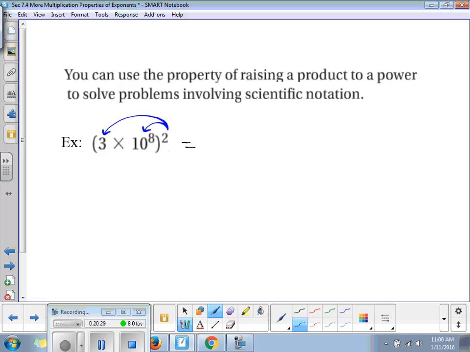So we're going to end up with 3 squared times 10 to the 8th squared. And then you just simplify. So 3 squared is equal to 9 times 10 to the 8th squared is 10 to the 16th because it's 8 times 2. So that's going to be 10 to the 16th. And there's your scientific notation.